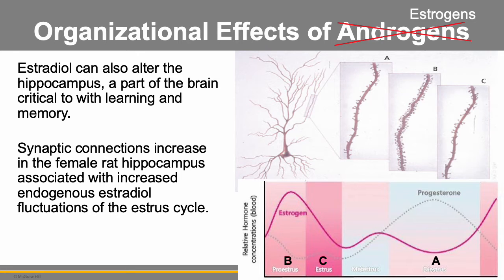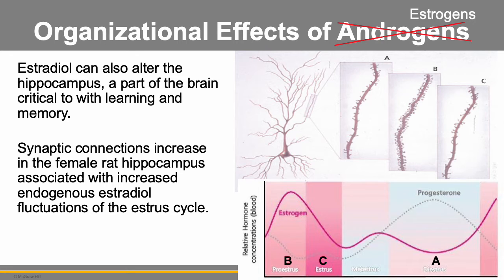And what we see is that the synaptic connections of neurons in the hippocampus increase in the female rat hippocampus with the increases of estradiol concentrations during their cycle.